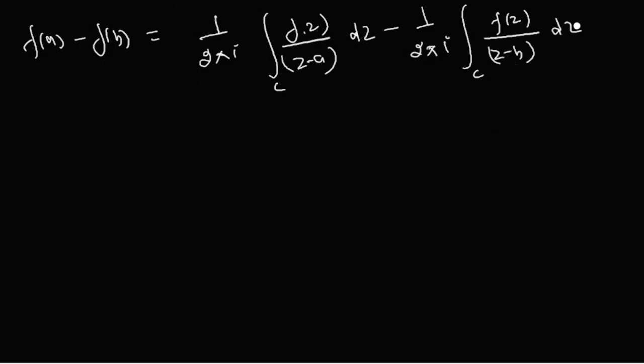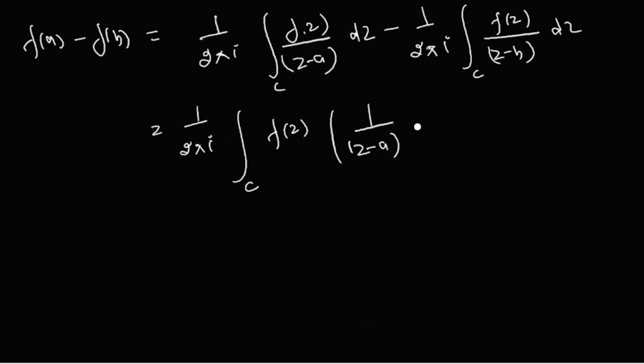Okay, so we can take the common 1 upon 2 pi i out, and f of z, so integration over C f of z, and we can write here 1 upon z minus a minus 1 upon z minus b dz.